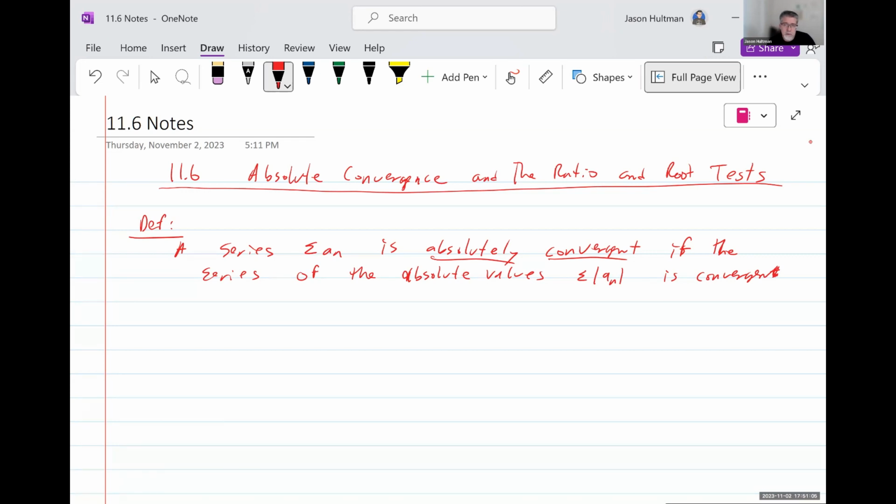Okay. For example, number one, we know that the harmonic series is divergent, right? But the alternating harmonic series is convergent.